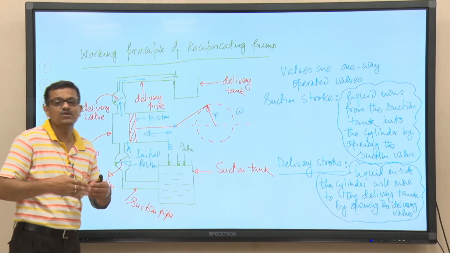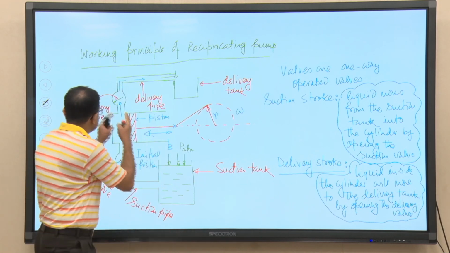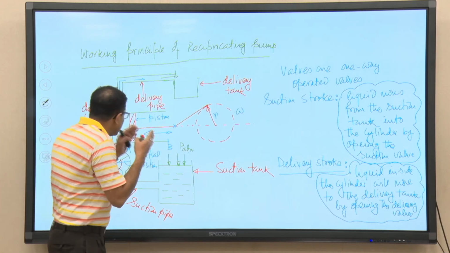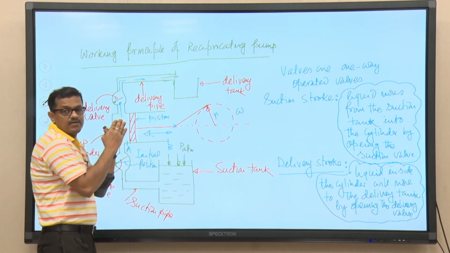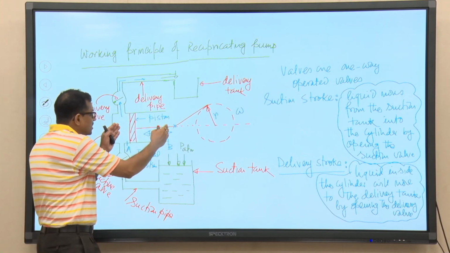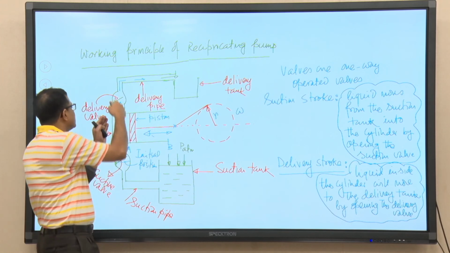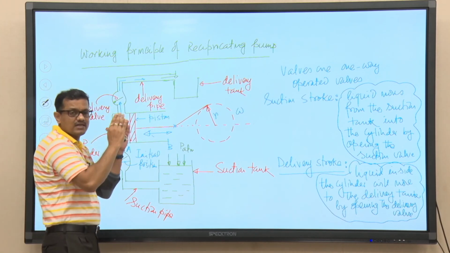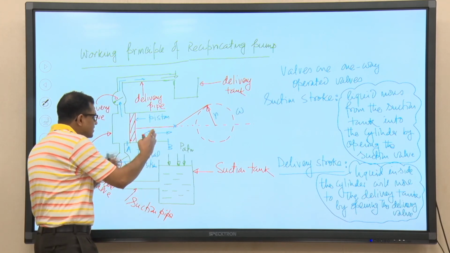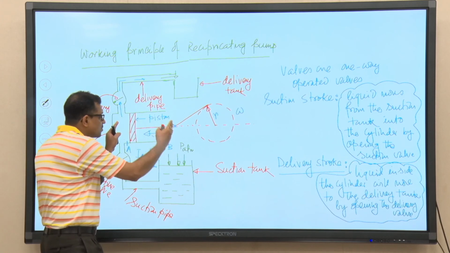Try to understand, you should have a physical sense. A finite time is required to open the delivery valve. We need a certain amount of time, so that when the piston is now travelling from position B to position A, the delivery valve will not open immediately. It takes a certain non-zero finite time, and during that time the volume inside the cylinder remains constant, but the piston is moving continuously.